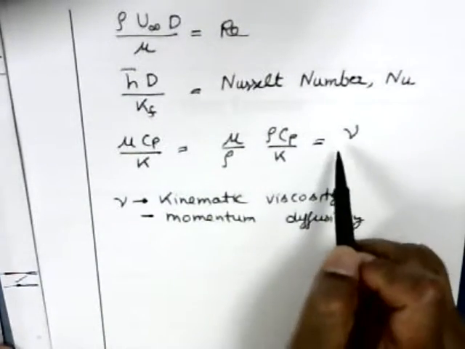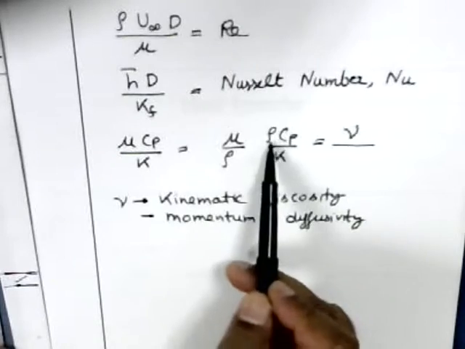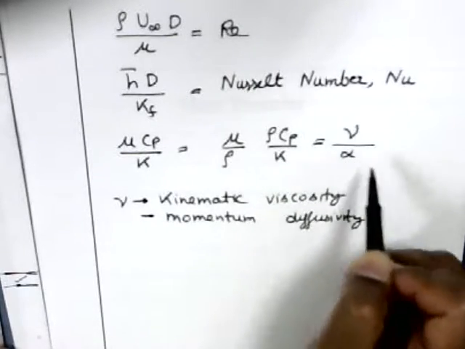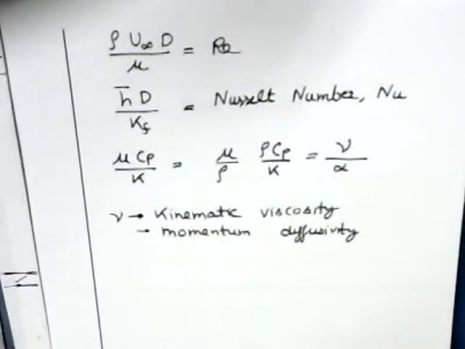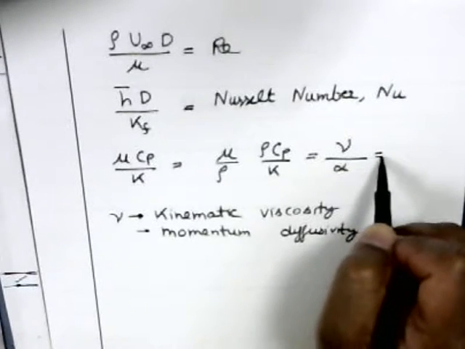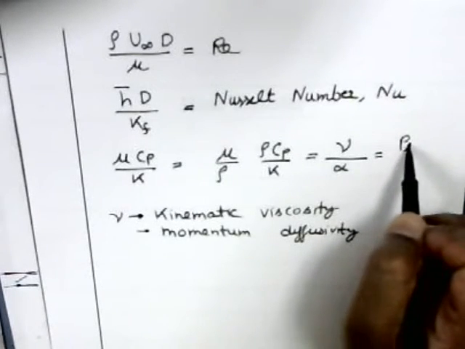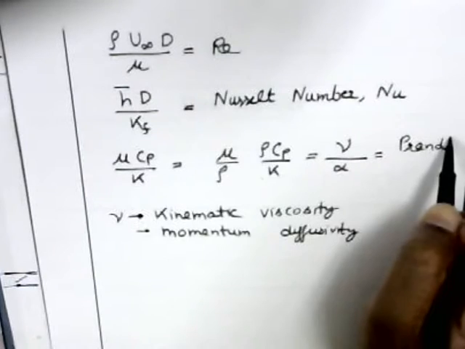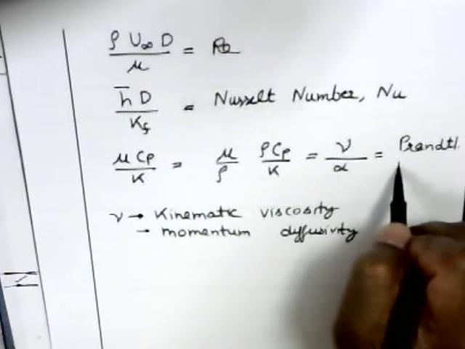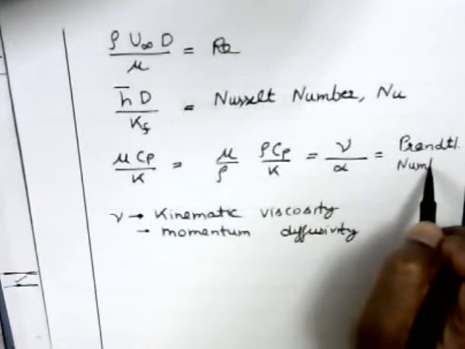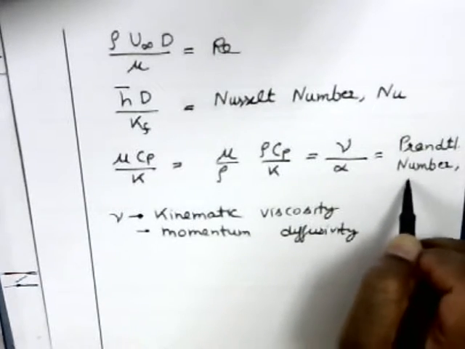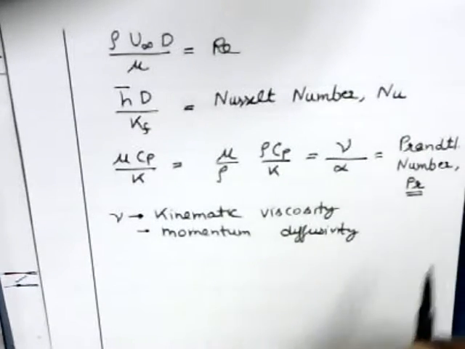It is nu over k over rho Cp. This is thermal diffusivity alpha. So nu over alpha, and this parameter is called the Prandtl number. And we use symbol Pr for this.